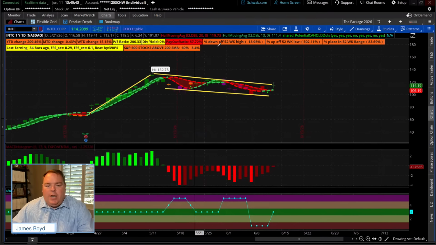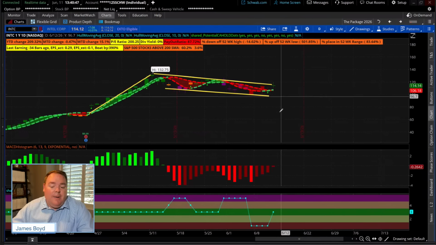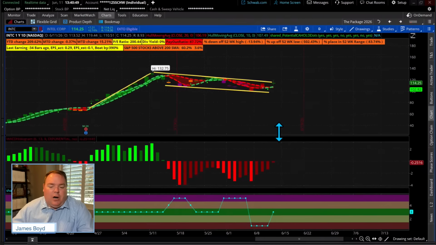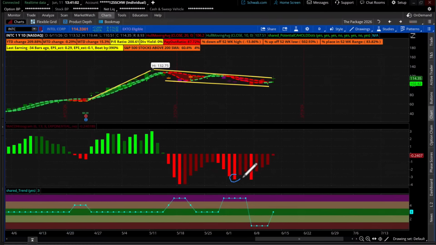Now, what I want to do is, let's imagine the investor said, you know what, James, based upon how we're reading the chart, maybe the price could break up through resistance. Now, when you look at the MACD, it has shown some signs of rotation up. I'll count that as one.